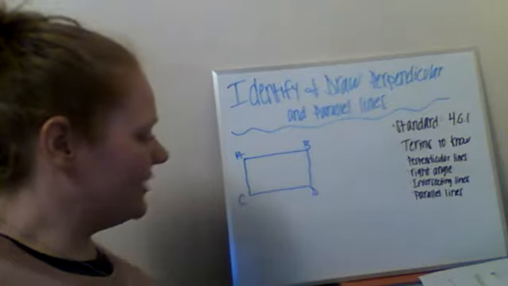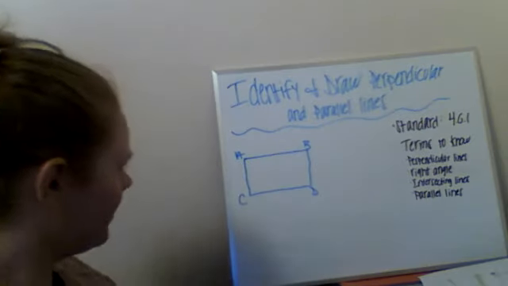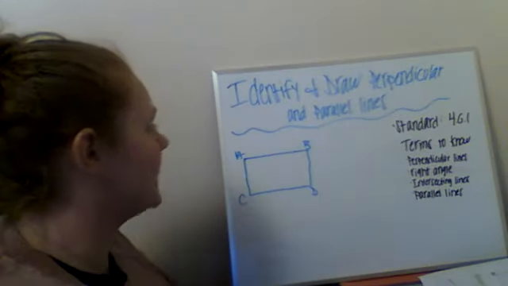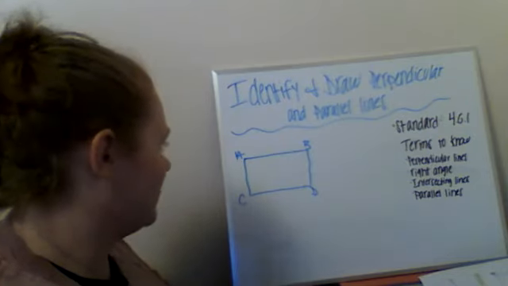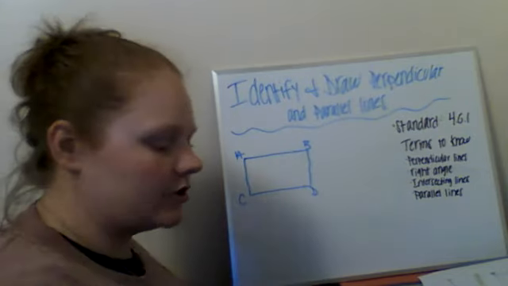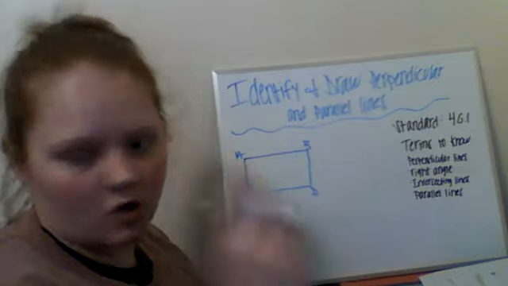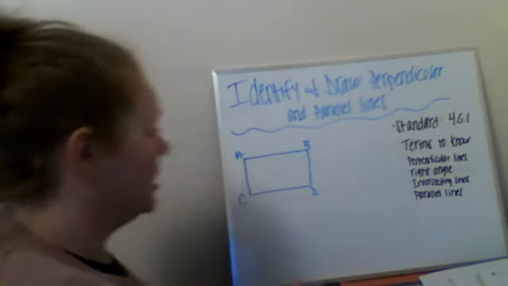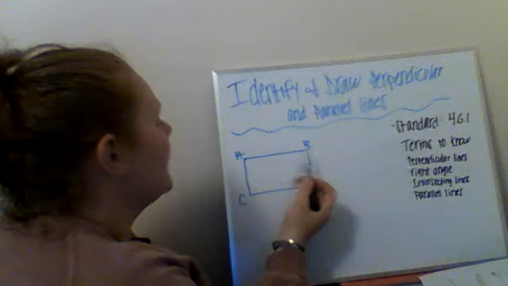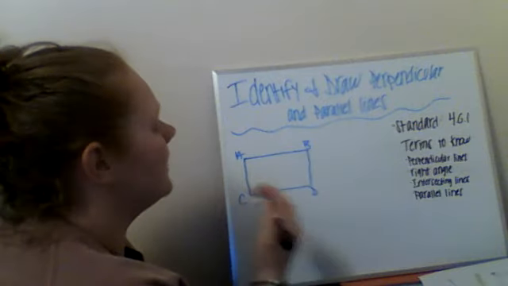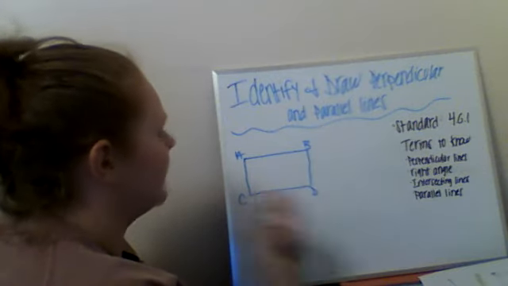Okay, so let's look right here. I know a perpendicular line is two lines that have to intersect to make a right angle. I'm going to use a different color marker so you can see my work. If I look at my line segment AB, I'm trying to figure out a line that intersects it to make a right angle.